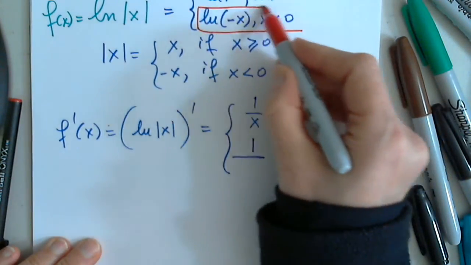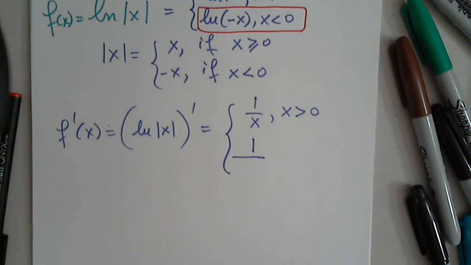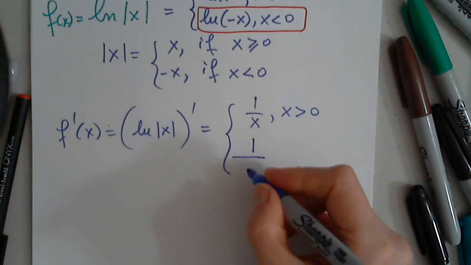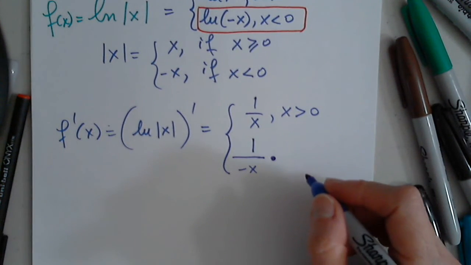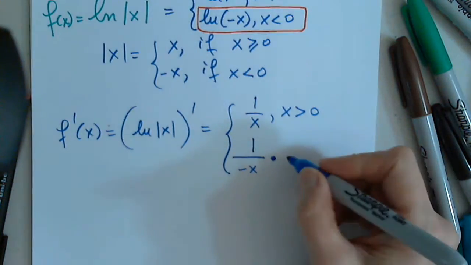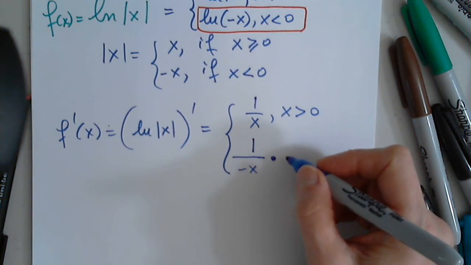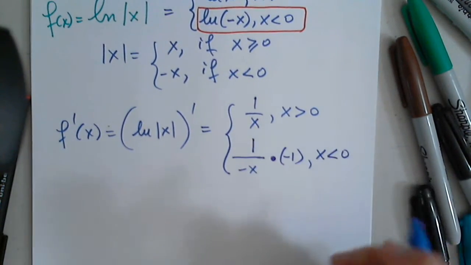We cannot invent anything. We are looking at this to determine the other branch. The derivative of negative x? Is it 1 over negative x? Good. Times the inner function prime. Is it 1? Times negative 1. Very good, for x less than 0.